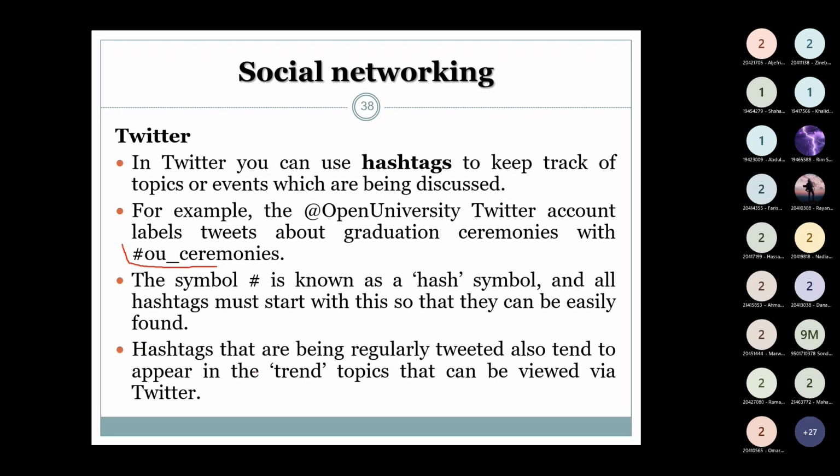Hashtags that are being regularly tweeted also tend to appear in the trending topics when there is a bigger number of tweets with this hashtag. It will be a trending topic that can be viewed via Twitter.